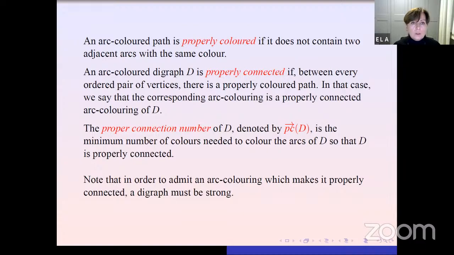Okay, and we are generally interested in the smallest number of colors. So by pc of D, we denote the proper connection number. This means the minimum number of colors needed to color arcs such that we obtain a properly connected digraph. And we can observe that in order to admit an arc coloring which makes it properly connected, a digraph must be strong.